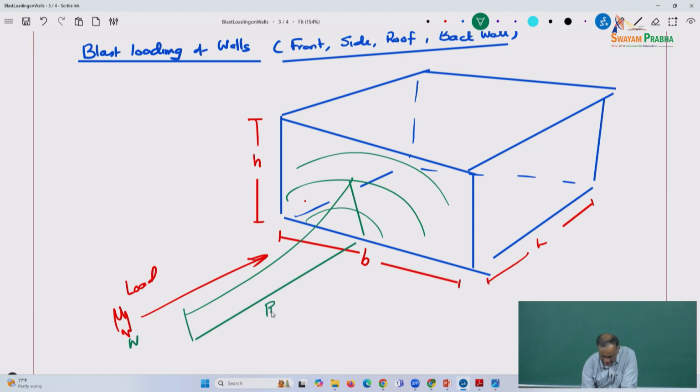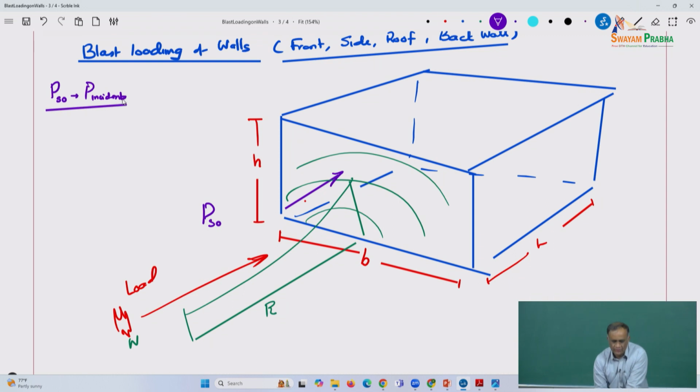This is W and this is R. A couple of things we noted yesterday was on this face you have PSO. Again, PSO is basically P incident. These are terms that are used interchangeably, PSO or PI. So if you see me writing that, that's because I've seen it in both forms. So that's your side-on pressure, and then you also have a reflected pressure.